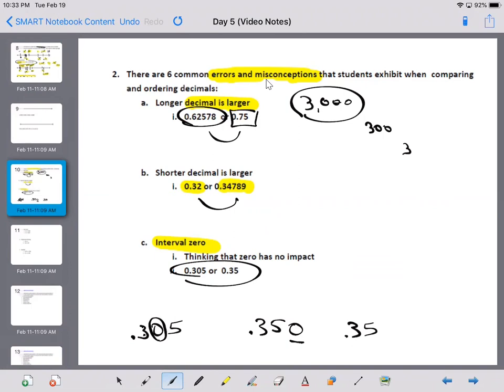So just because that 0 is in there doesn't make it larger, because this has 2 decimal points, but that 0 does have an impact, as it would here if you added it and increased that place value for 350 thousandths.